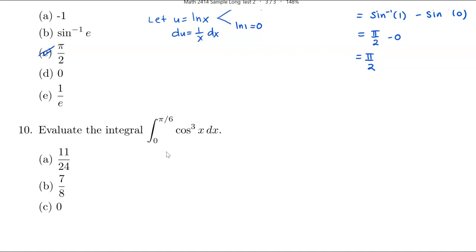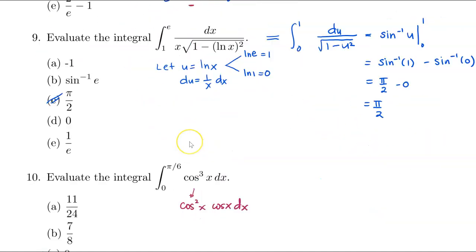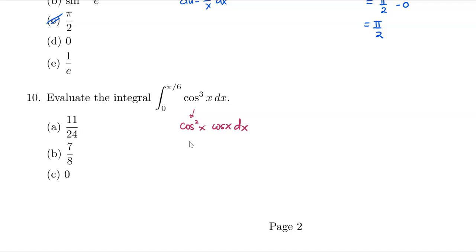How would you evaluate this? So since you have a cosine function here and it is raised to an odd power, the technique for that is to factor. So you would have to write this as cosine squared x cosine x dx. The reason why you want to factor that is because you want to express this in terms of sine. So this other factor here is actually your du. You would express this as 1 minus sine squared x, and you will have cosine x dx.